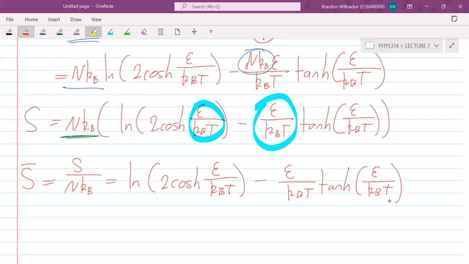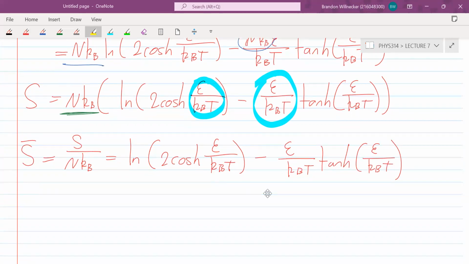So you see now this quantity on the right-hand side has no units, which is nice, good to work with. And it's also independent of system size, which is also good.